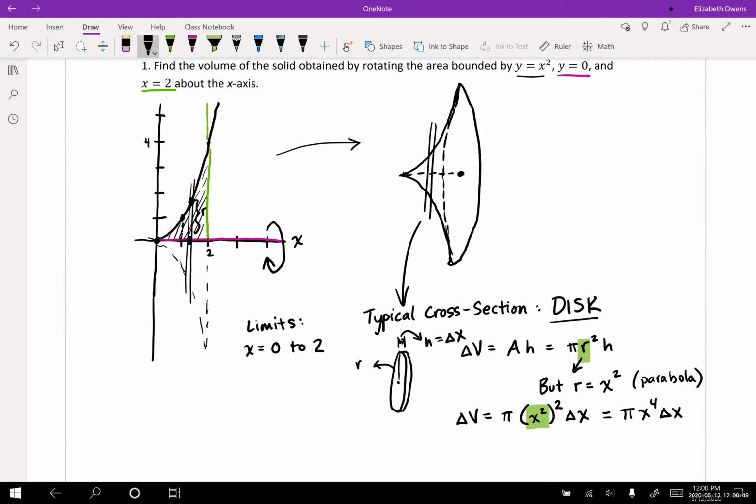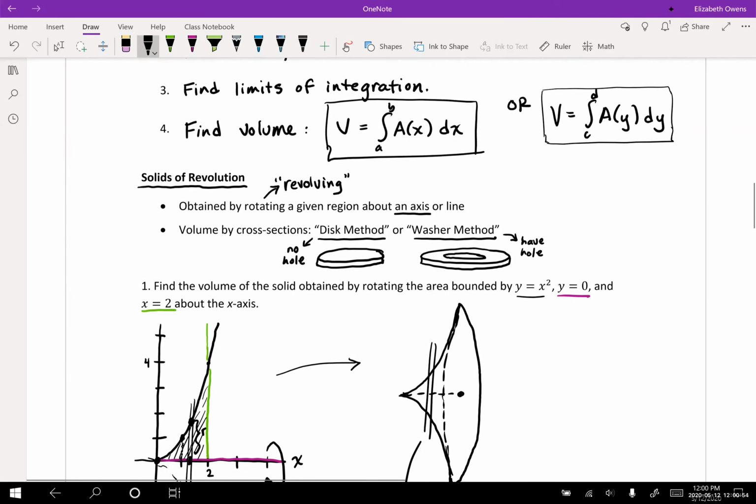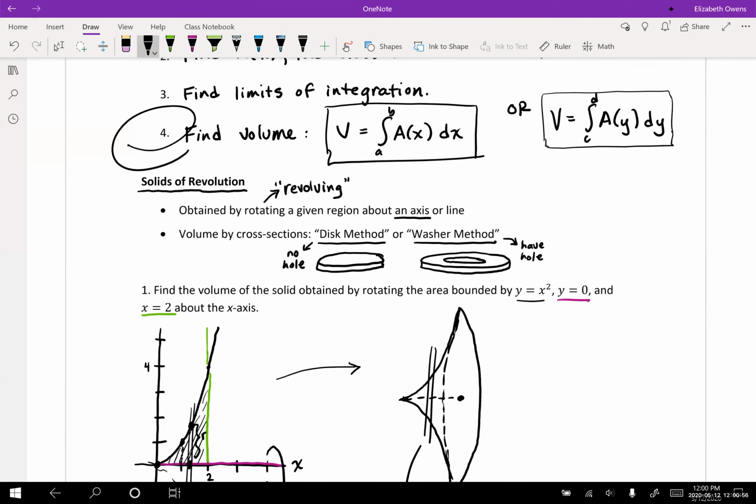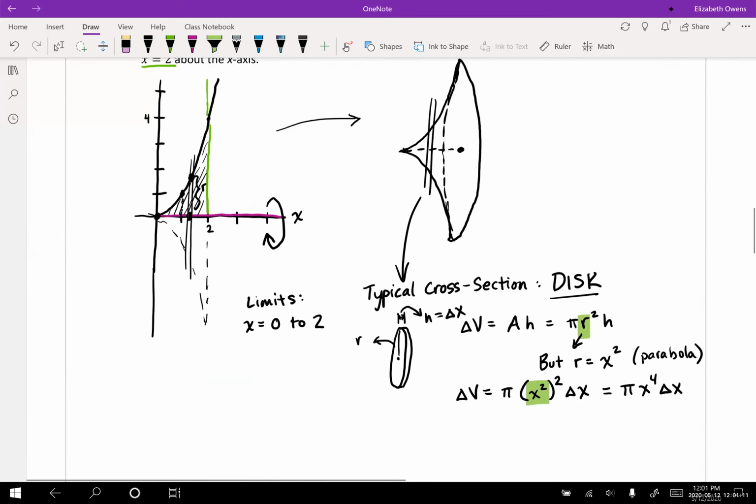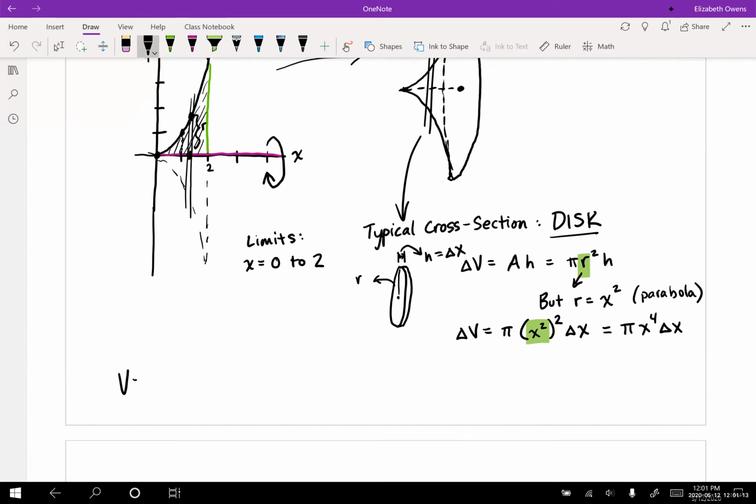So we got our delta v, we got our limits. That's going to let us set up our integral to find the volume. Since we're doing this one with respect to x, we're going to use this formula right here: the integral from a to b of A of x dx. So this is our volume integral.